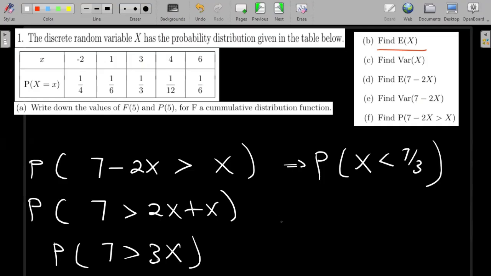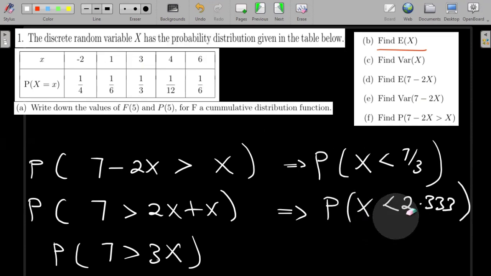So this is equal to the probability that x is less than, okay, you punch that 7 over 3 on your calculator. It's going to give you approximately 2.333. So here we want the probability that x is less than 2.33.